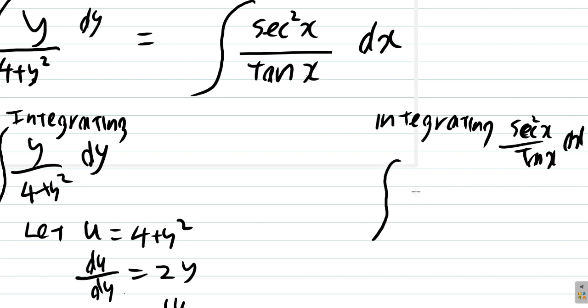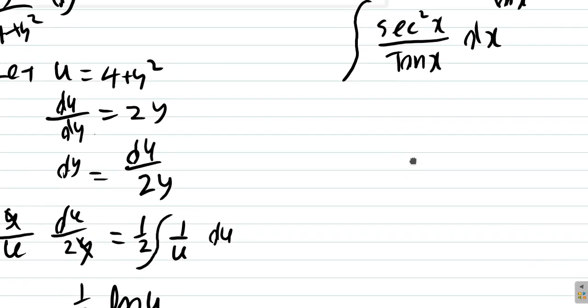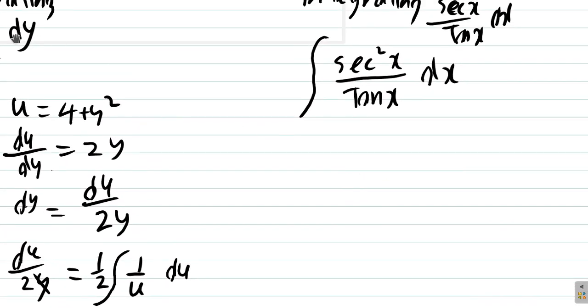So we have the integral of sec squared x over tan x dx. How do we deal with that one? Again, it's substitution. Let u be equal to tan x.